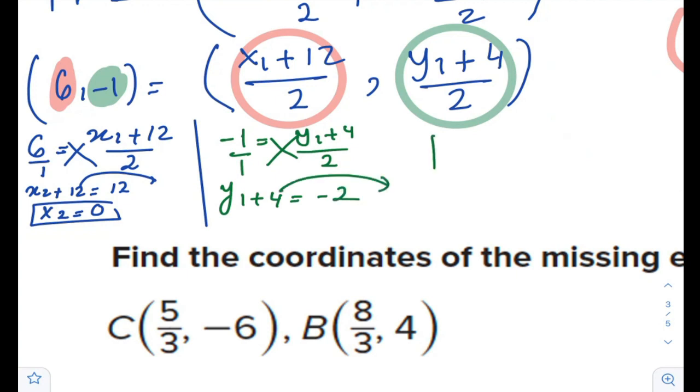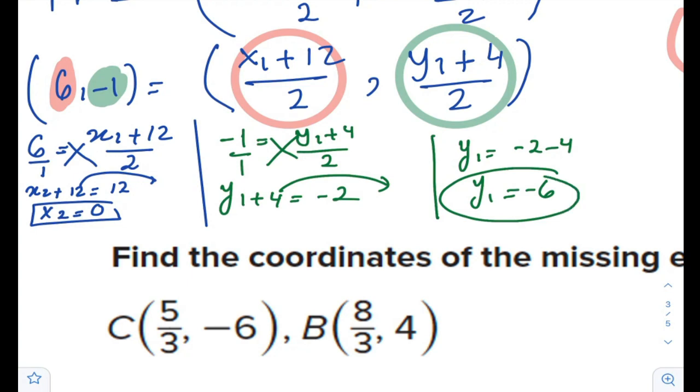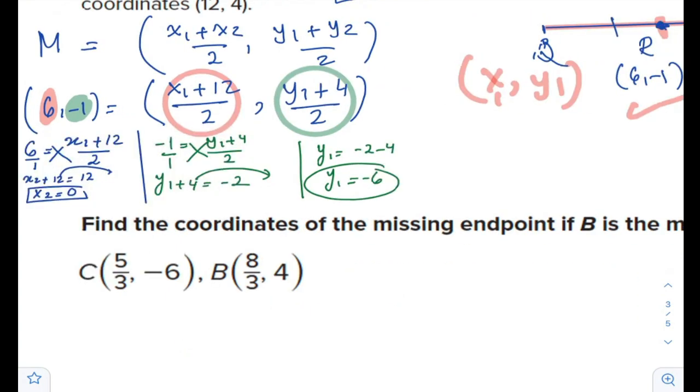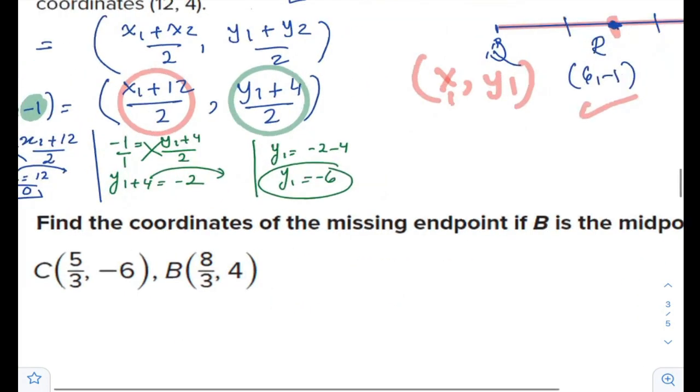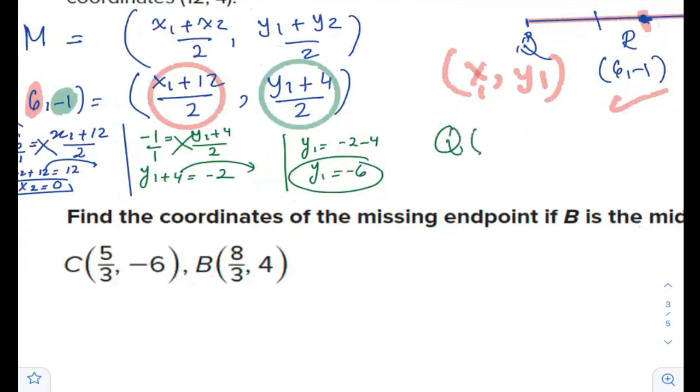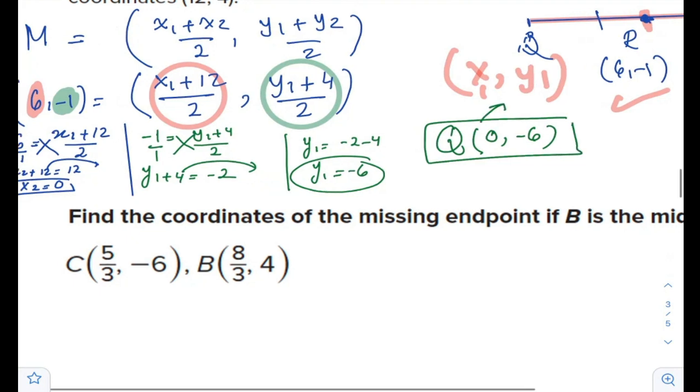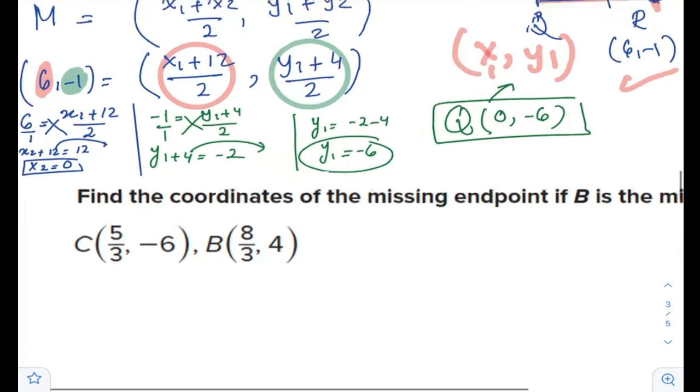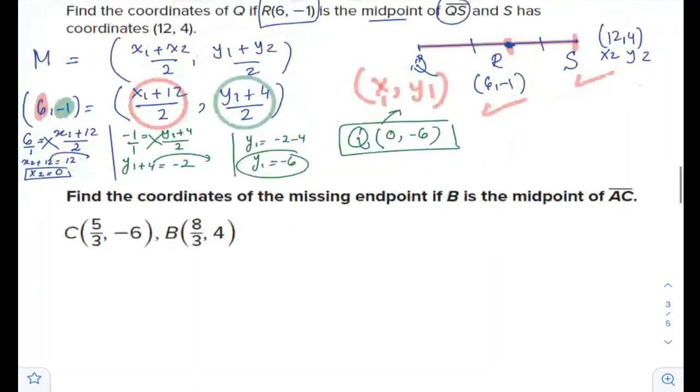Take the 4 to the other side. So y1 is negative 2 minus 4, which is negative 6. So the point needed, which is Q, is x is 0, y is negative 6. And this is the coordinate of this point. Now this is a little bit different because the midpoint is known.